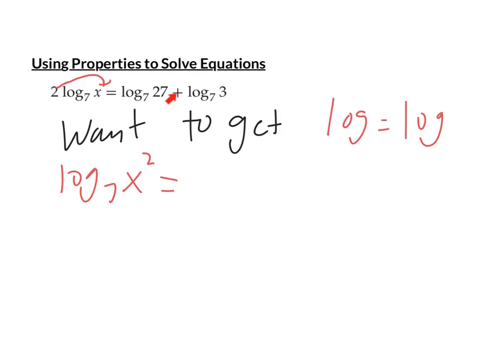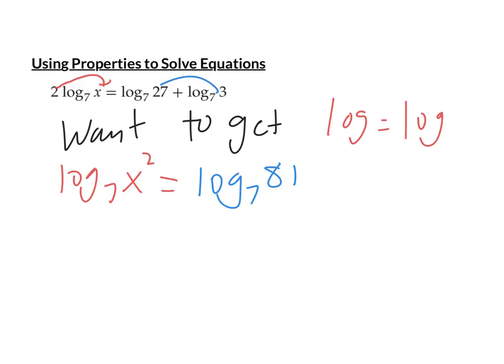When I separate into two different logs with an addition sign, if I want to combine them into one log, I have to multiply. And then I can make it one log. So that's just using the product property backwards. Okay, if this would have been subtraction instead of addition, I would have used the quotient property. Okay, so now I've got it to a place where it's one log equals one log.